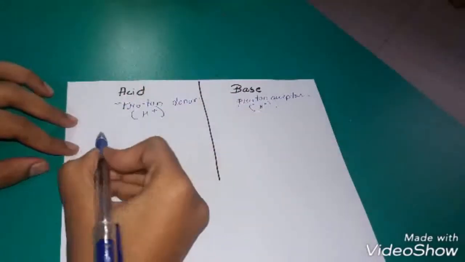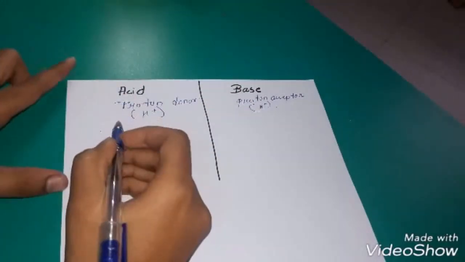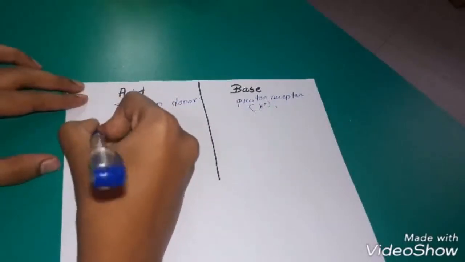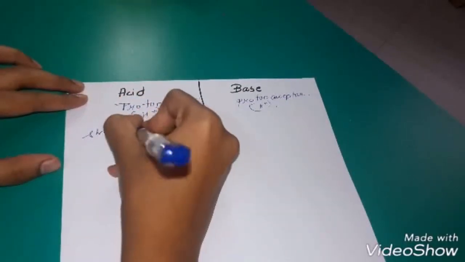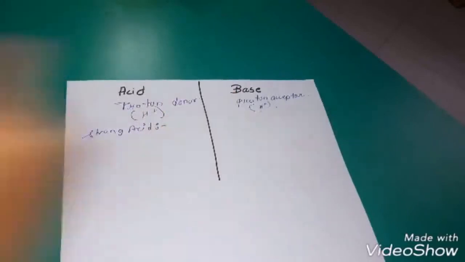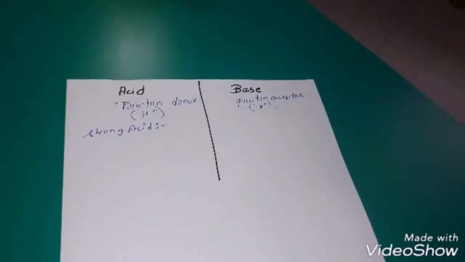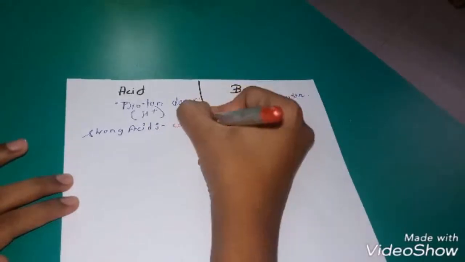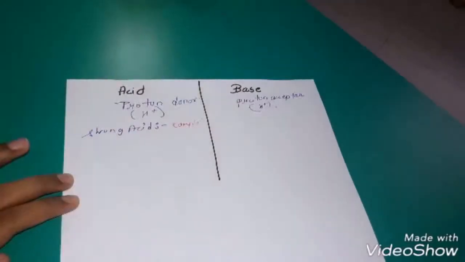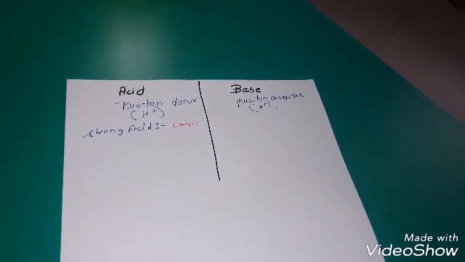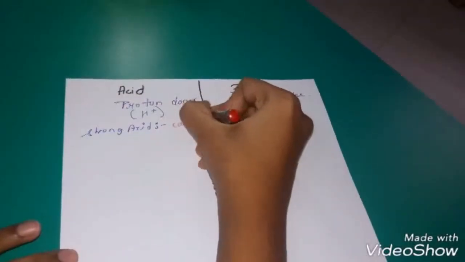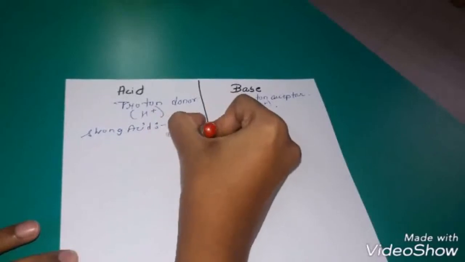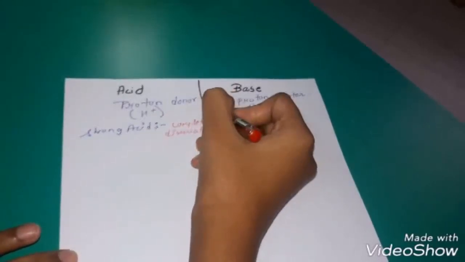So basically we have weak acid and strong acid. So what are strong acids? Strong acids are those which completely dissociate.